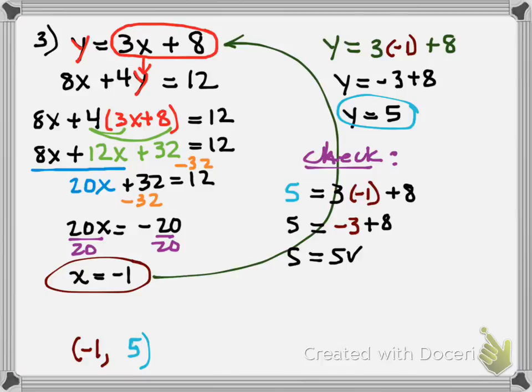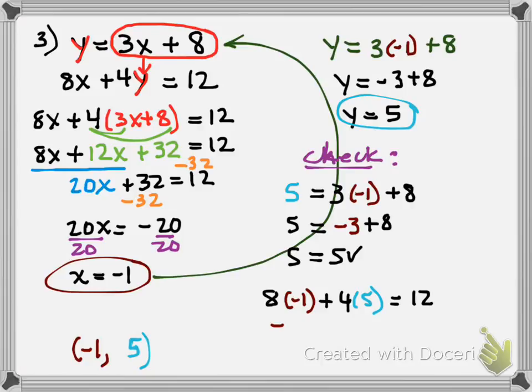The big test is going to be the bottom equation. So then we have 8 times the value of x, which is negative 1, plus 4 times the value of y, which is positive 5. And we want to know, does that equal 12?